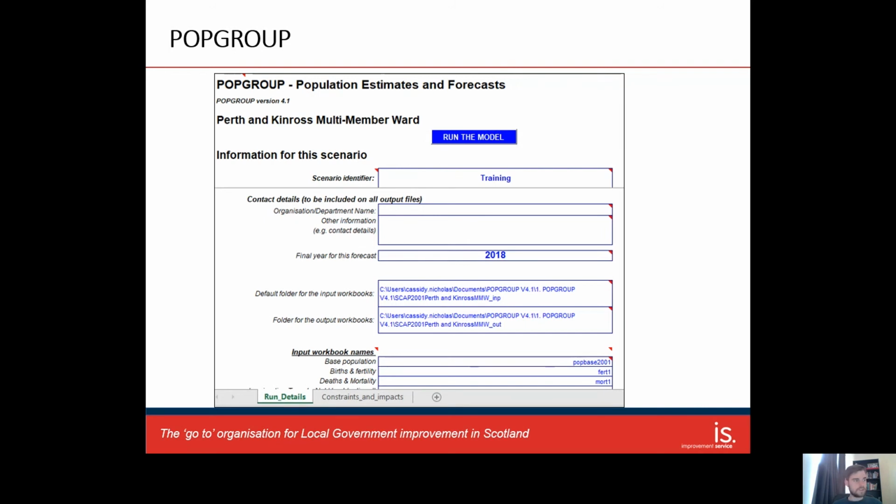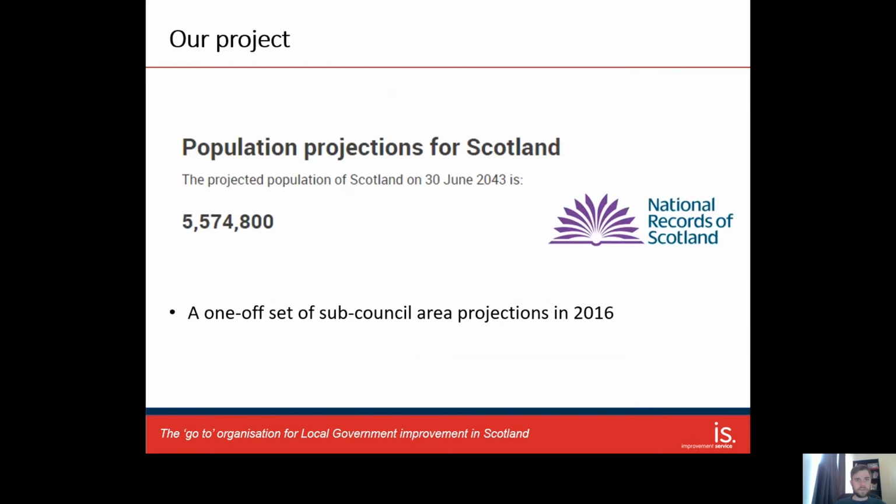It's relatively straightforward to use, but there's a great deal of training resource available online, including via the National Records of Scotland, who have a whole section dedicated to using PopGroup and have run training courses in person in the past. So you could use a population projection software like PopGroup to, for example, calculate your own assumptions. For example, you might suspect there would be a higher death rate in areas as a result of the COVID pandemic, and so you might want to forecast what those areas' population will look like in the future.